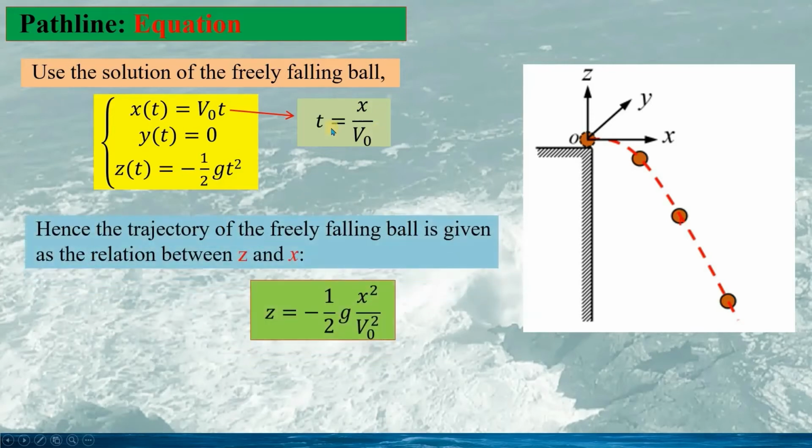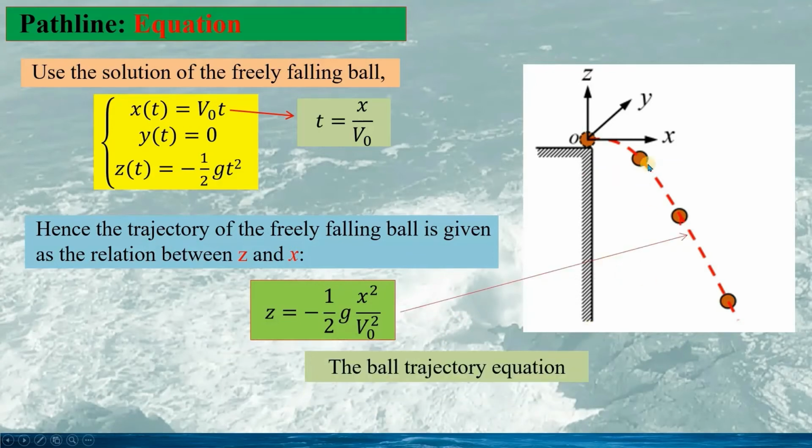And then we can substitute t into the third equation. So we can obtain the relation between z and x given as this. This is the equation for the pathline of the ball motion. And if we draw this in this coordinate, we have the trajectory as this.